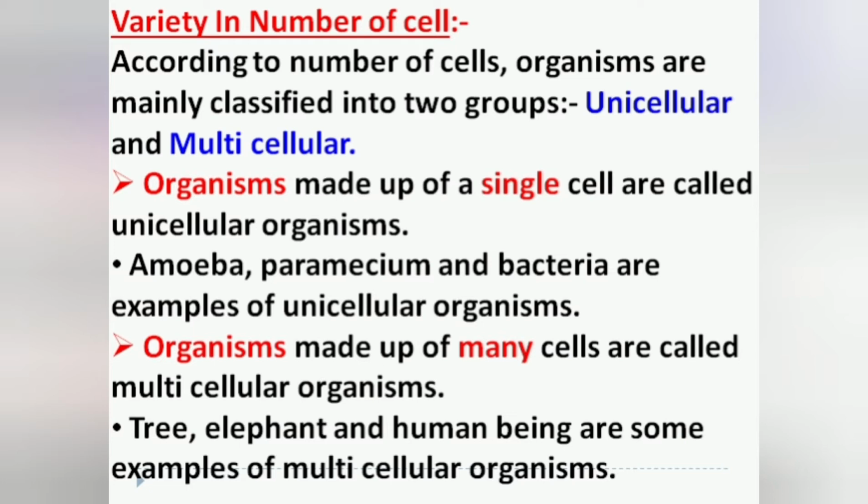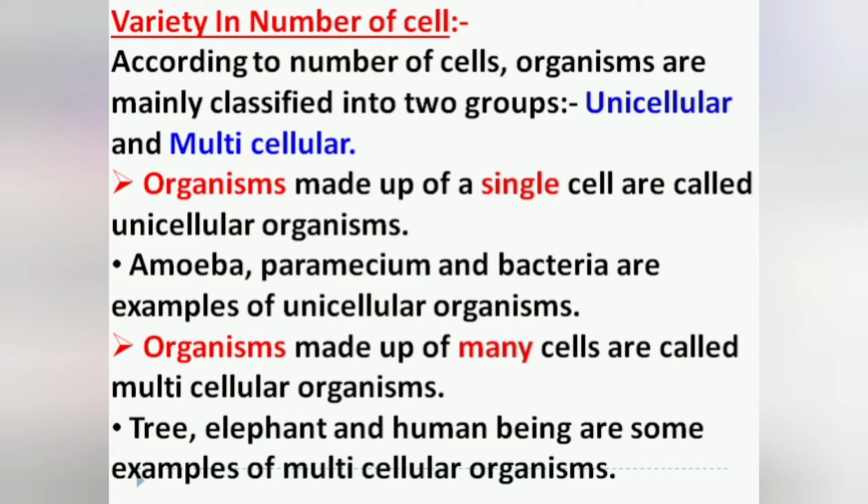Organisms which have only one cell are called unicellular organisms. Now, the exact definition of unicellular is organisms made up of a single cell are called unicellular organisms. Some examples of unicellular organisms are Amoeba, paramecium and bacteria.